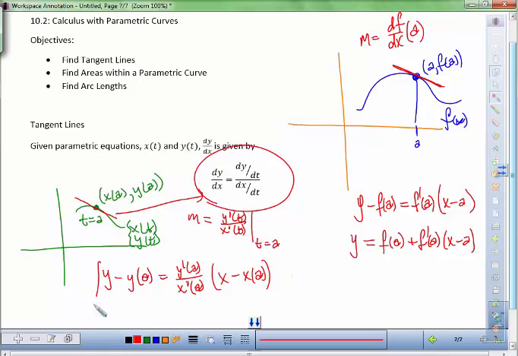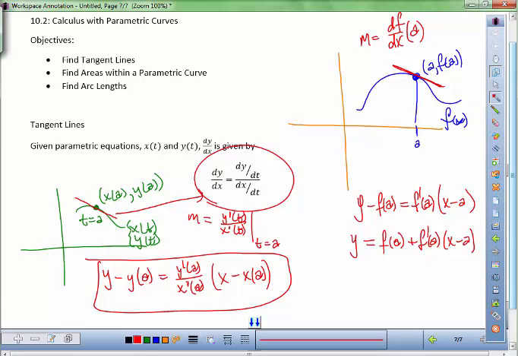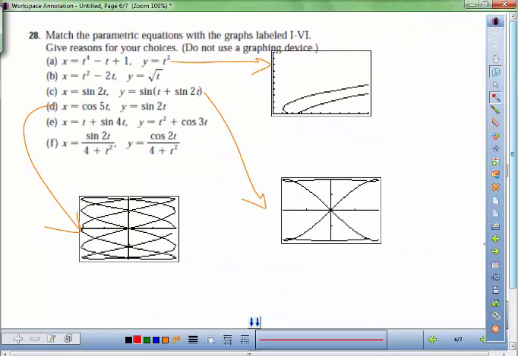So this is formally our formula for the line, but it's not something that I would want you to memorize. It's just something that I want you to be able to come up with by just using the point and the slope business.